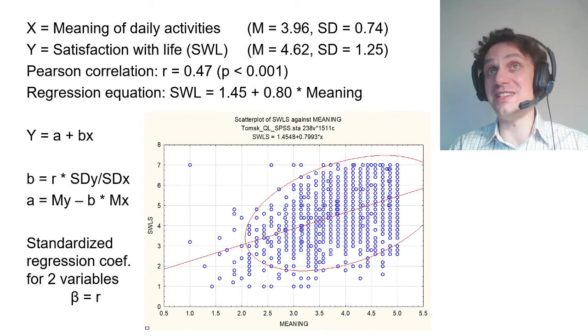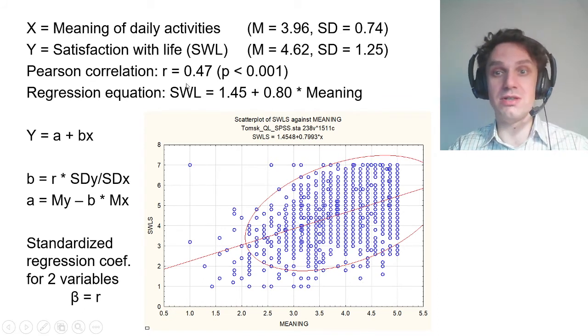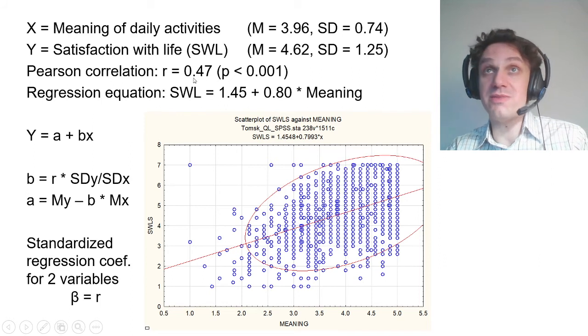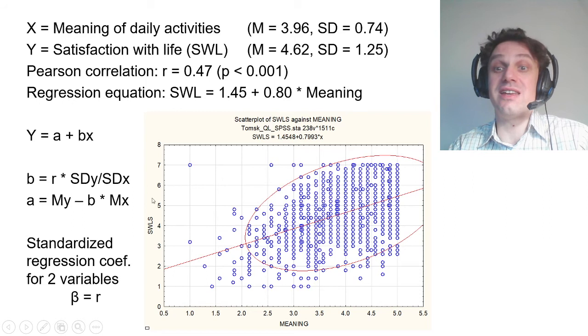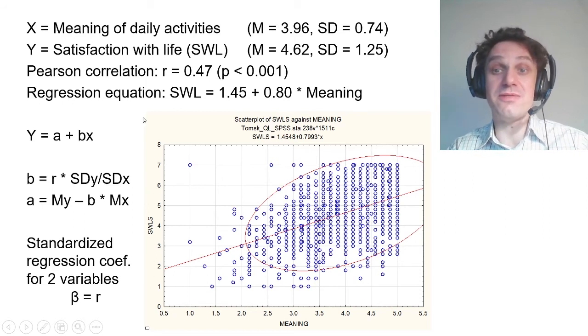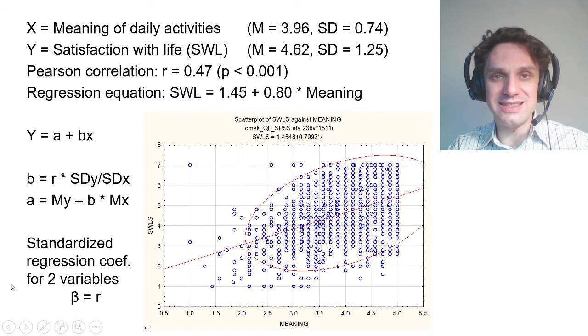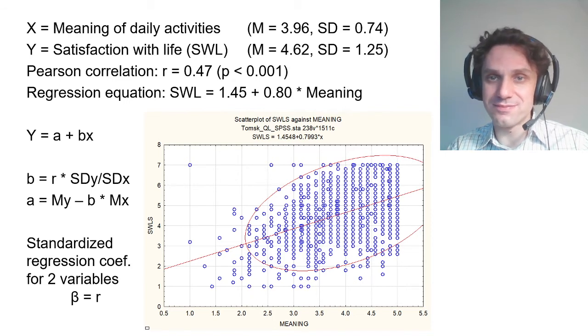That's why 22% of common variance may not be very much, but it's not little. It's quite a substantial proportion, given how many things life satisfaction depends on. And again, if we only have a pair of variables, then a correlation coefficient is enough to describe this association.